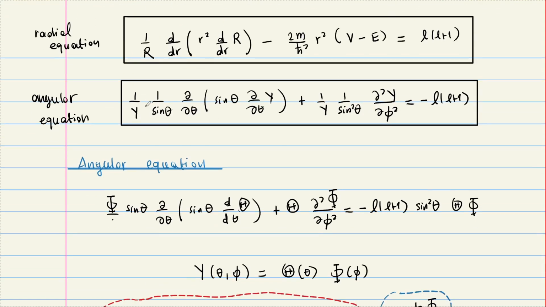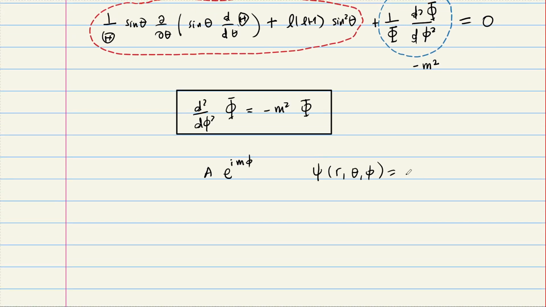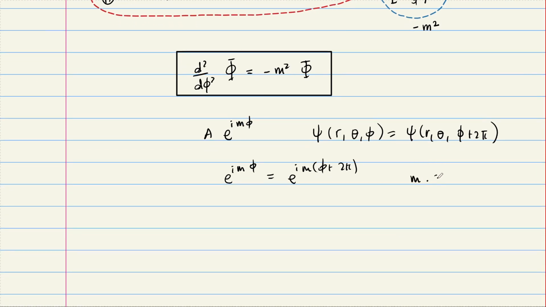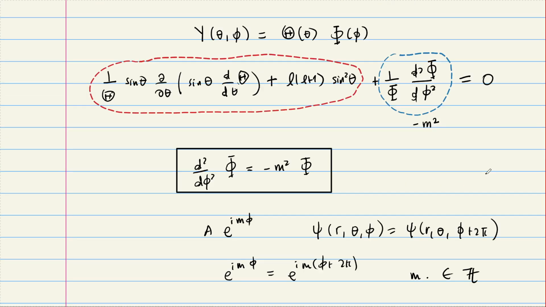So psi of r, theta, and phi plus 2 pi means e to the i m phi should be equal to e to the i m (phi plus 2 pi), but that means m times 2 pi should be an integer times 2 pi. That means m should be an integer. So this is the theta part.